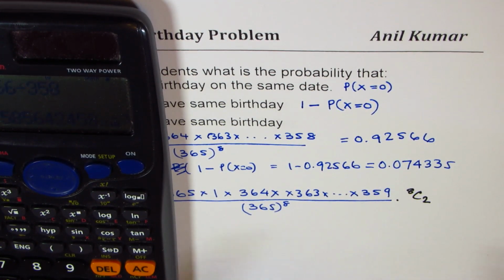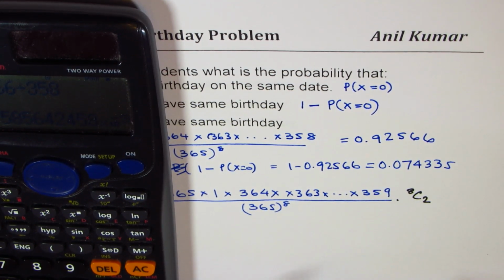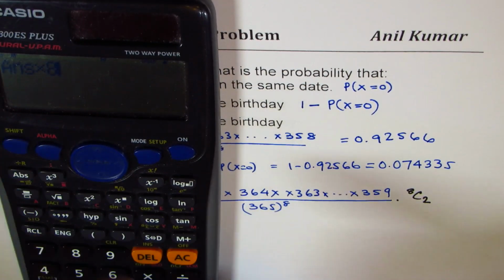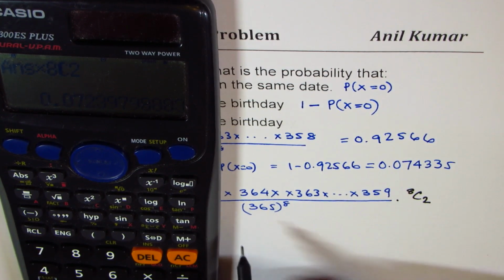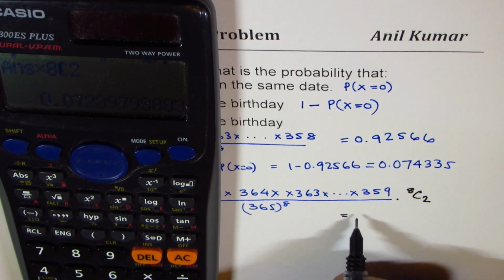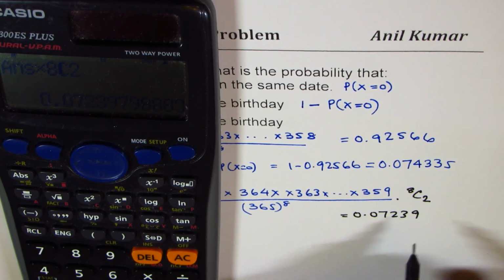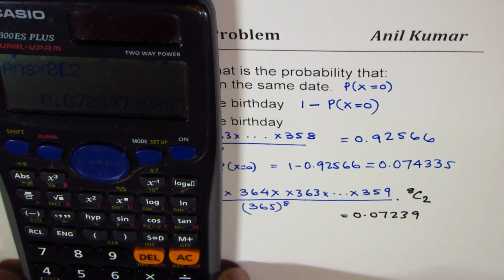So use your calculator, do your calculations, and then I'll multiply by 8C2. Perfect. So times 8C2, 8 combination 2, and what do I get? I get the solution for this as 0.07239, something like this.